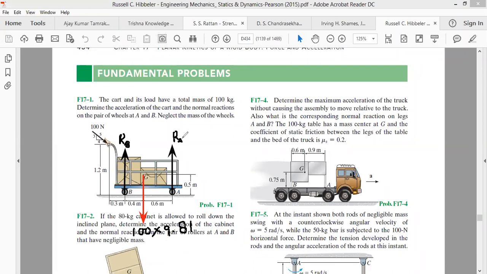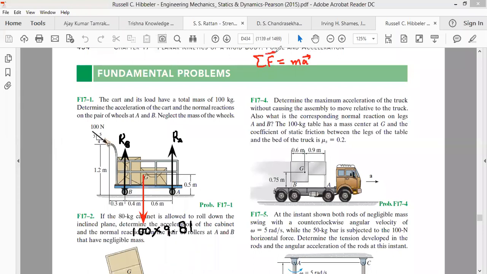So what we have to do is analyze the motion of the body to find the acceleration and to find the value of RA and RB. First of all, let's write the equations of motion. Summation of all the forces acting on the rigid body is equal to the product of mass and acceleration of the rigid body.